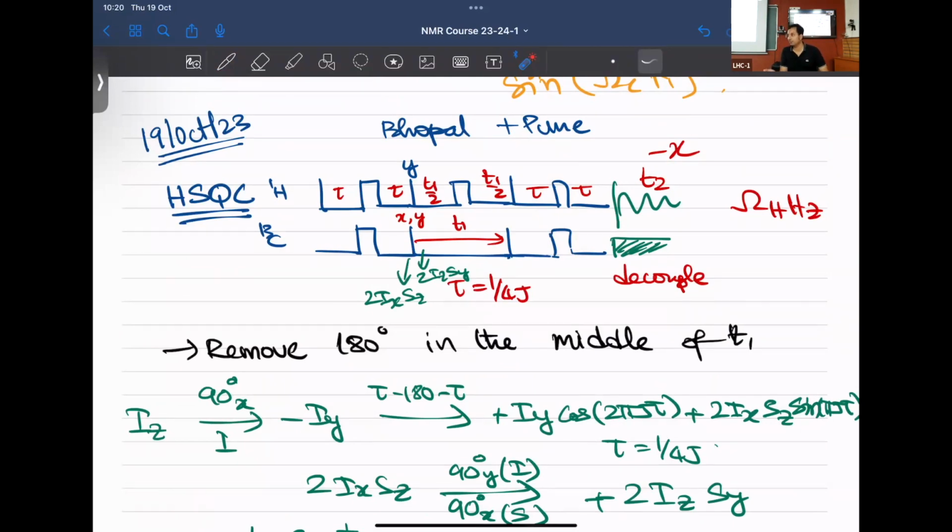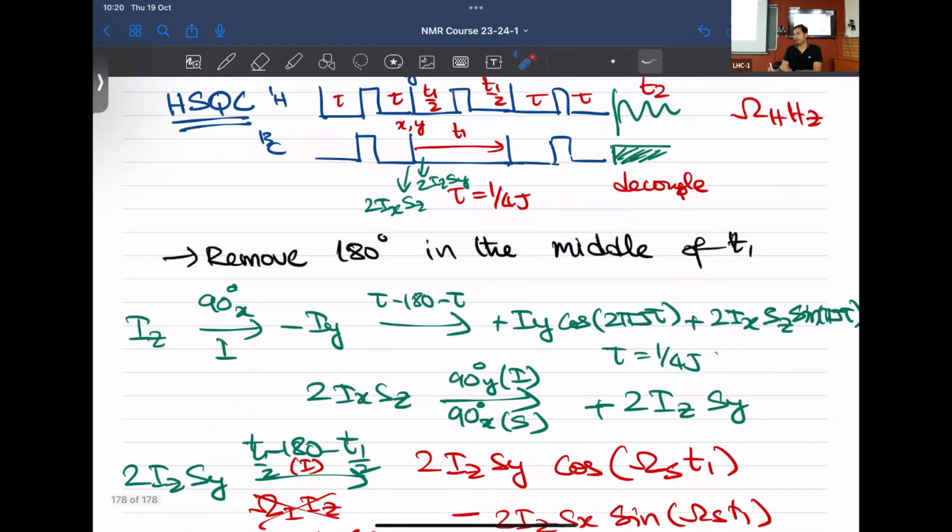It's not going to do anything to it. So you are able to realize that during this period, this MQC term will remain MQC, and therefore will not evolve. So you can allow it to evolve and you just do not observe it. And this helps you understand why we ignored it.